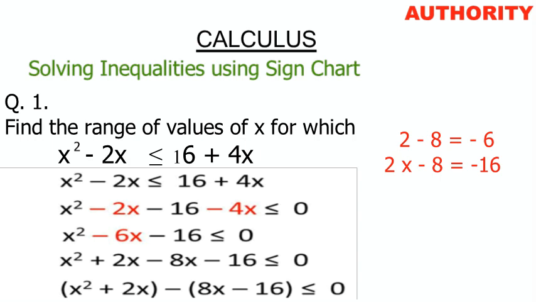From here, let's group them 2 by 2. Then we'll have x squared plus 2x in bracket, minus 8x minus 16 in bracket, is less than or equal to 0. Okay, now let's factor out. In x squared plus 2x, what do they have in common?